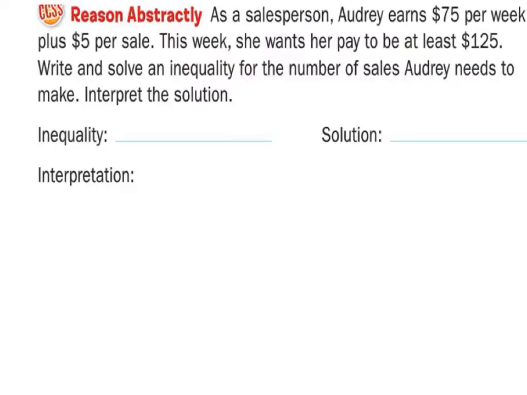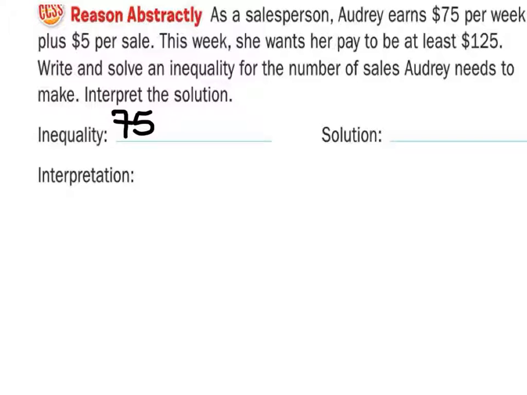Okay? Here's a word problem, and these word problems you guys tend to struggle with the most, right? Because not only do we have to solve this one, but we have to write the inequality for it. And that's where a lot of people struggle. So a salesperson, Audrey, earns $75 every week, plus $5 per sale. Notice she gets $75 no matter what, just for being an employee.